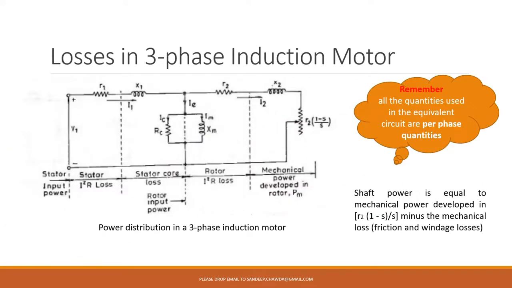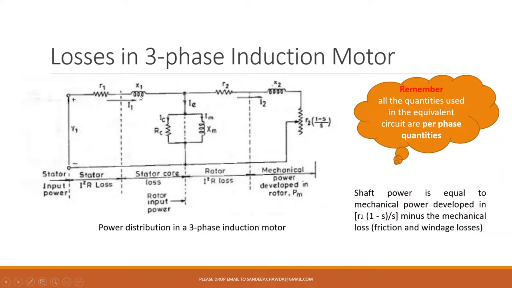We have seen the power flow diagram, where the various powers and losses were shown. If the same thing has to be shown in the equivalent circuit, here it is. In the initial part, there will be the stator input, and R1 is there, so the losses which occur give you the stator I square R loss. So the copper losses in the stator will be here.